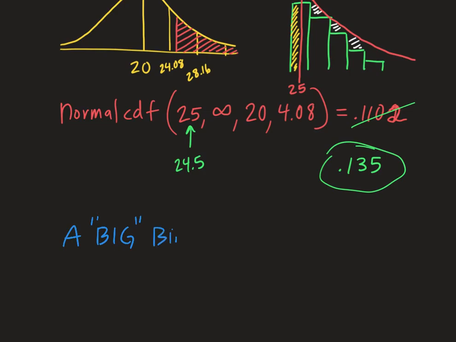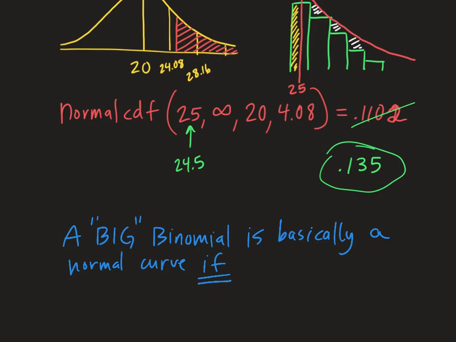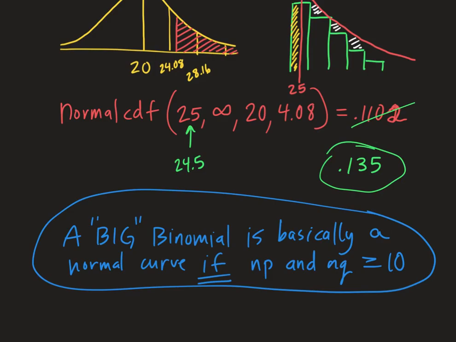A big binomial is basically a normal curve if np and nq are both at least 10. That much is very important, even if finding a probability for an actual binomial can be done with your calculator rather than this estimation.